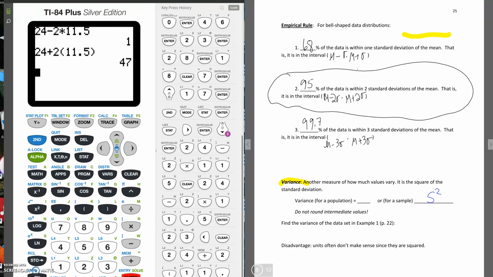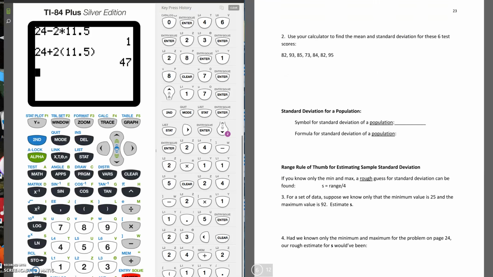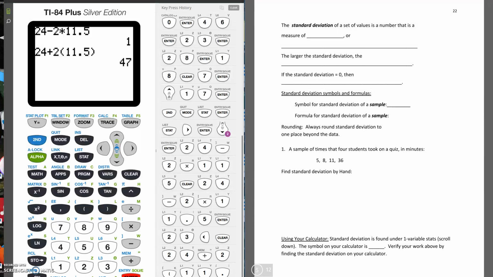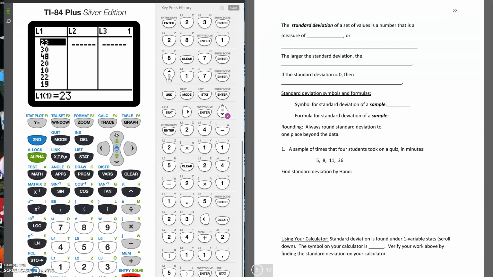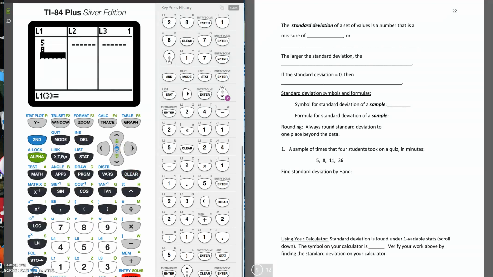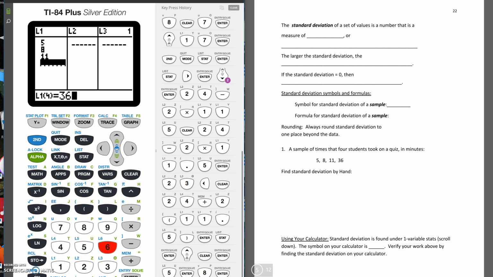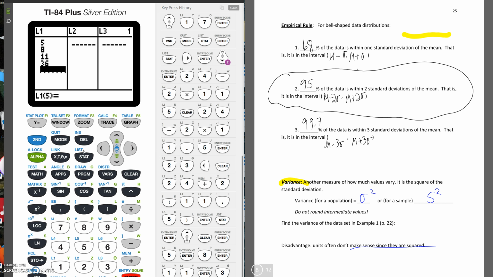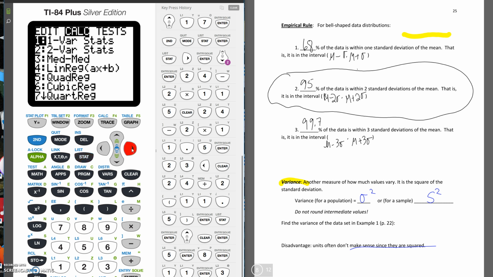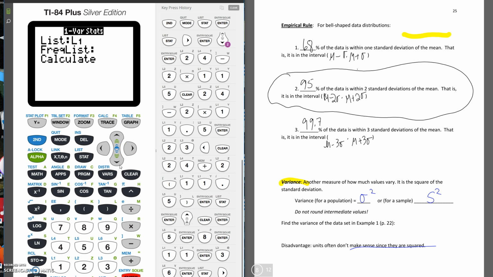So let's find the variance for the data in example 1. We'll go back to example 1, page 22. If we put these values in, five, 8, 11, and 36. To find the variance, we just put the values in, go Stat, Calc, 1-Var Stats.